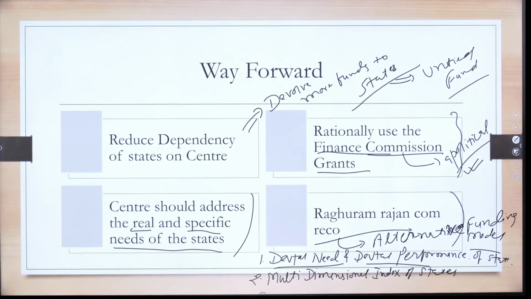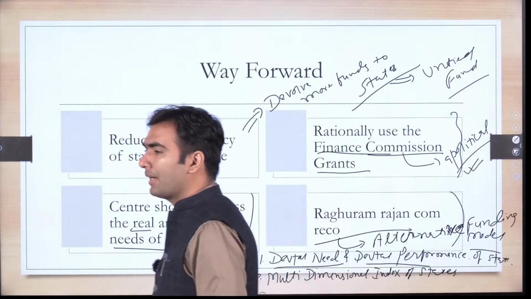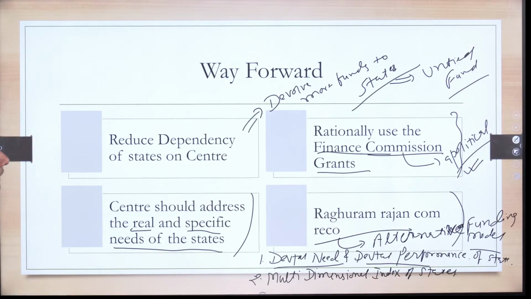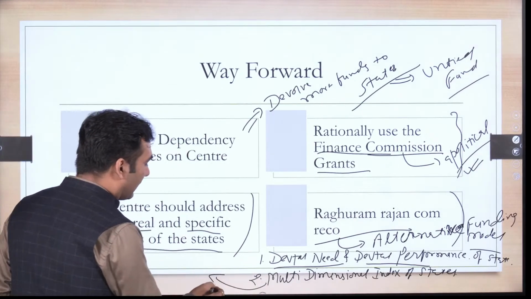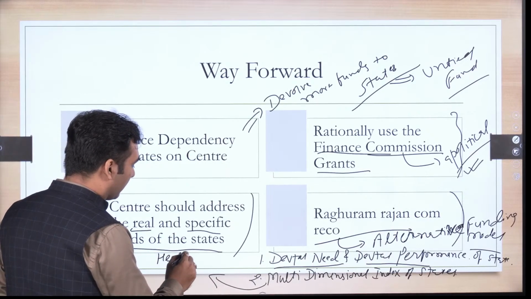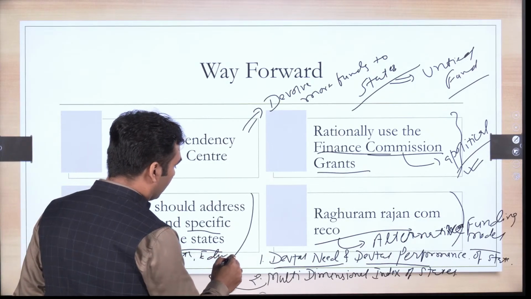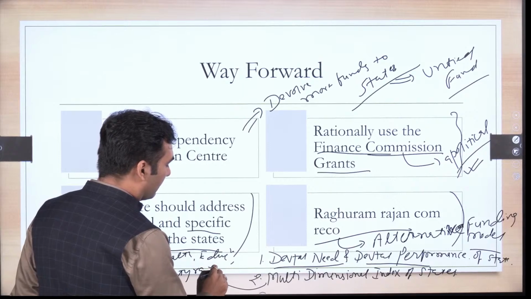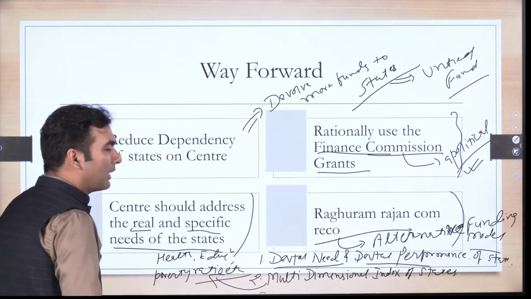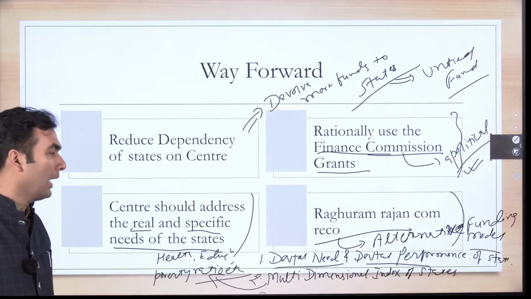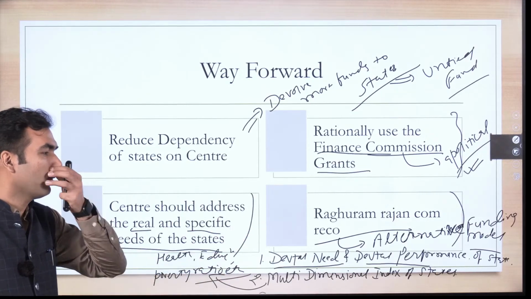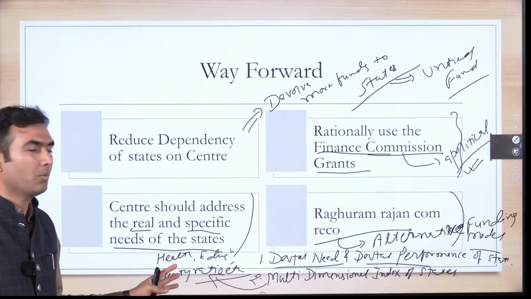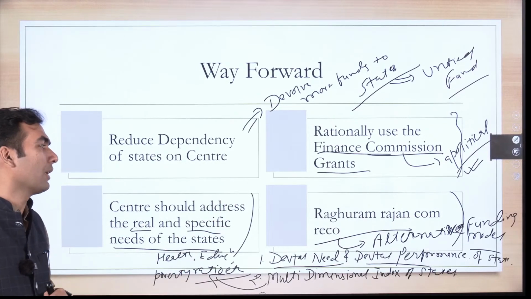Rather than using only income distance as a major criterion, and population, etc., we should have multi-dimensional developmental criteria, which will have items like health, education, poverty ratio, and obviously income, etc. So there would be multiple dimensions related to development that should be used for devolution of funds to the states. So this is one suggestion that you can give, which was given by the Raghuram Rajan committee.